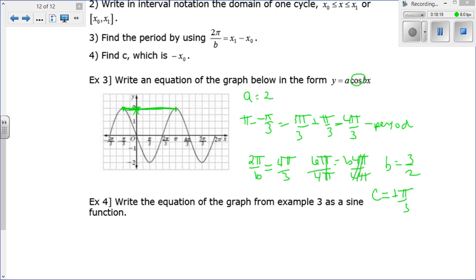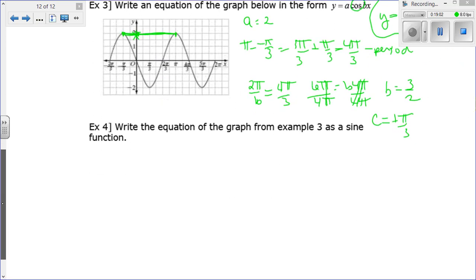So to write my equation, it is y equals A is 2 cosine of B, which is 3/2, times x plus pi over 3. And that's a 3. Sometimes the 3's are hard to see. So that's my cosine curve.